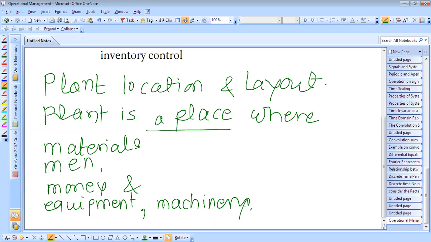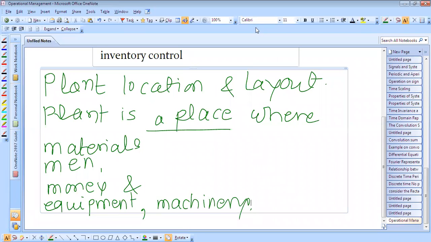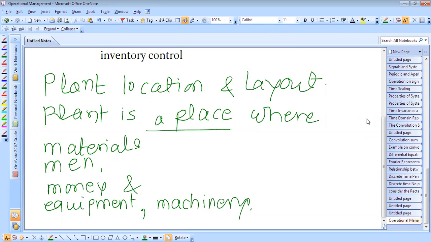All these we have to bring together for manufacturing something, and that is called a plant. So the problem of plant location arises.